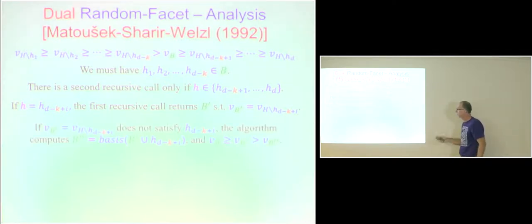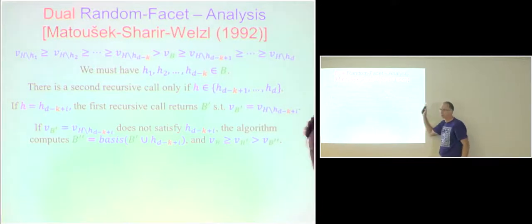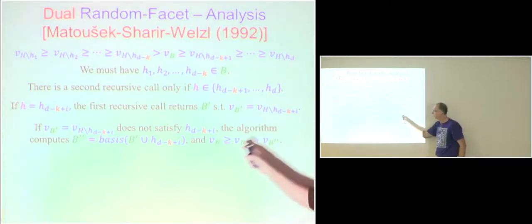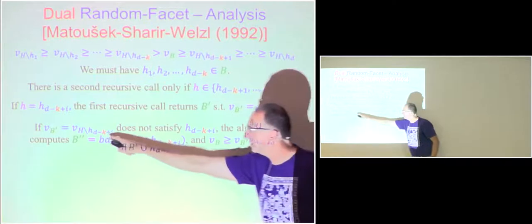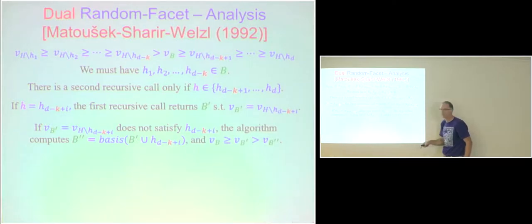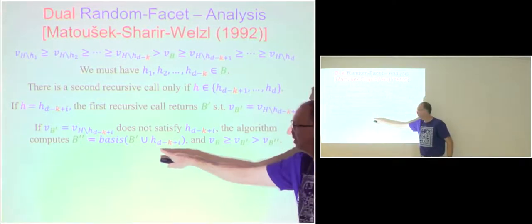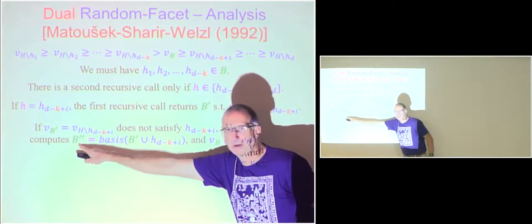If this is not the solution of the original problem, we know that the solution that we got does not satisfy the inequality that we removed. And what does the algorithm do next? It does this basis change and computes b double prime.